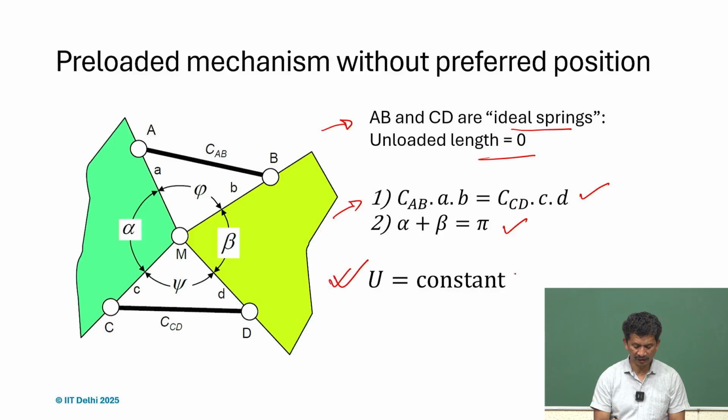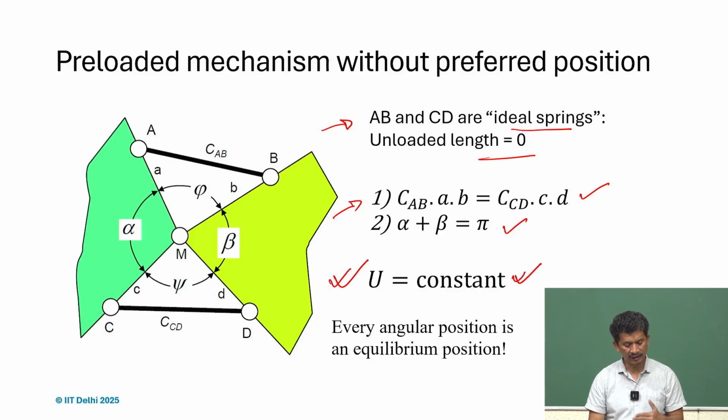Once it's constant, del u by del phi, which gives us the moment, will be 0, and the second derivative, which gives us the stiffness, will also be 0. It means zero stiffness, and it can be positioned anywhere. It's independent of phi and psi.